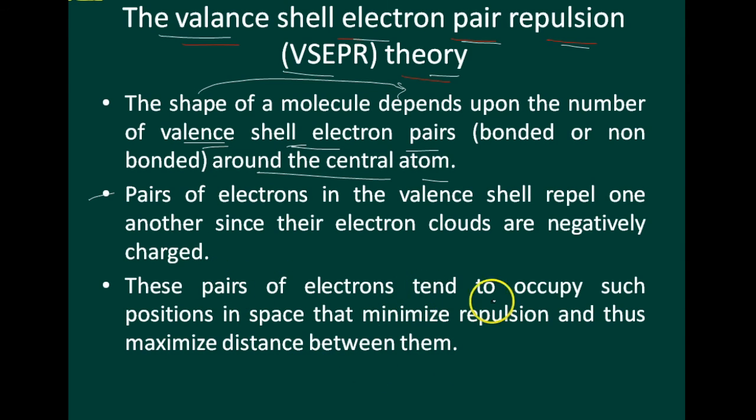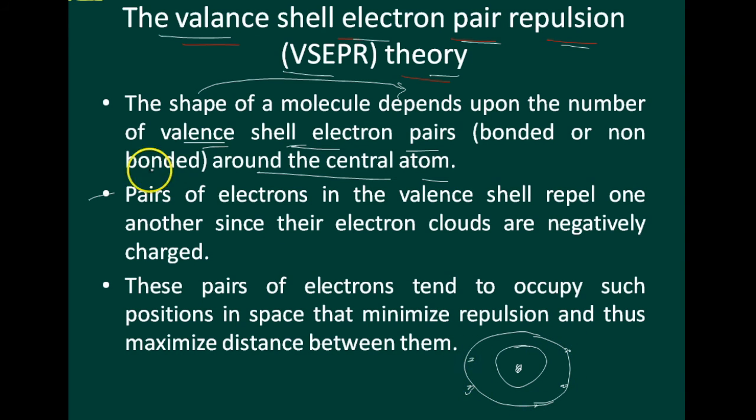Here, this is the nuclei. This is the orbital where the number of pairs of electrons are present. So this is called the shape of the molecule. It depends upon the shared pairs of electrons.